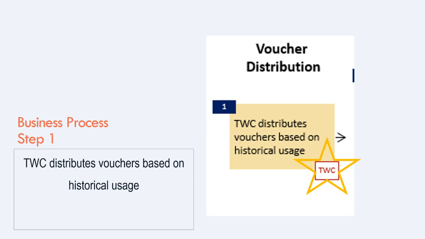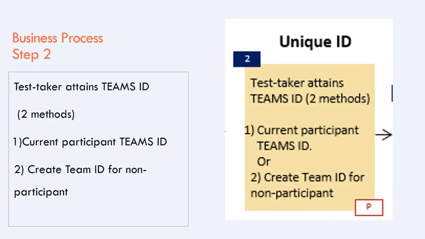The second part in the business process is the test taker attains a student ID. So once you have the vouchers distributed to you at the local level and you have your allotment, you now have to have in your process a way that we are going to track these students.